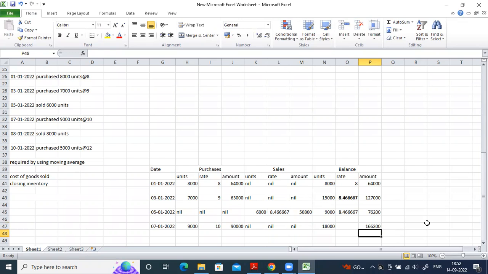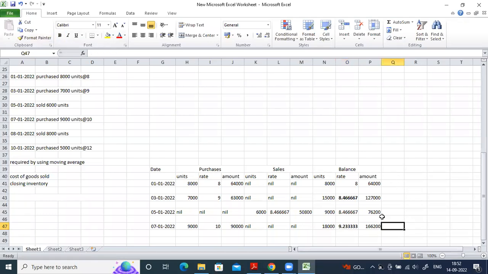Is that clear, guys? Yes, sir. And what will be the rate per unit? 1,66,200 divided by 18,000, so 9.23 will be the average rate.